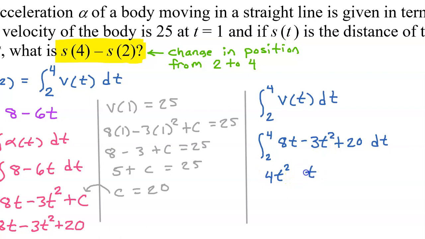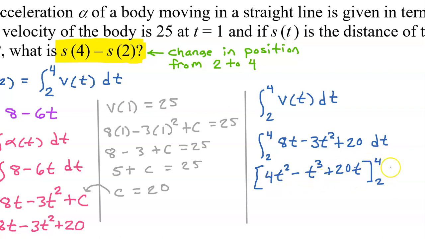Increasing this exponent by 1, we have t cubed. Dividing by our new exponent, we have negative 1. And then 20 will become 20t. Plus, well, I started to say plus c, but no. This is a definite integral, so we just need to evaluate using the limits of integration from 2 to 4.